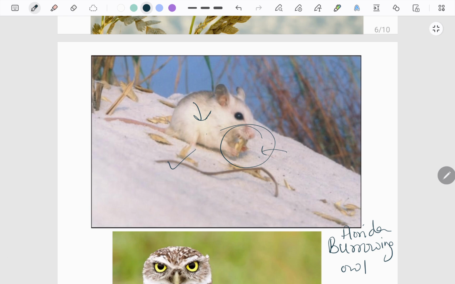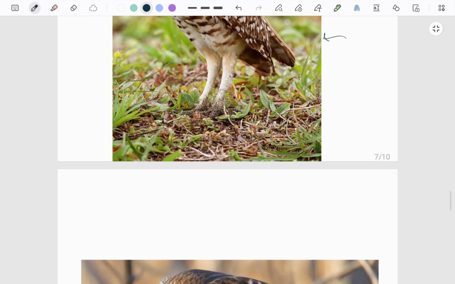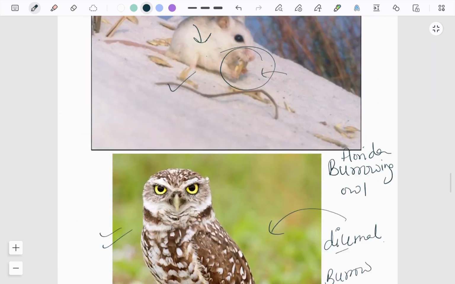When the mouse dies, it will be decomposed by decomposers, and the nutrients will be given back to the soil and to the atmosphere. And if this mouse is eaten by a hawk or owl and the hawk or owl dies, the nutrients will be returned to the lithosphere and the atmosphere. So these things we can study later in the biogeochemical cycles.